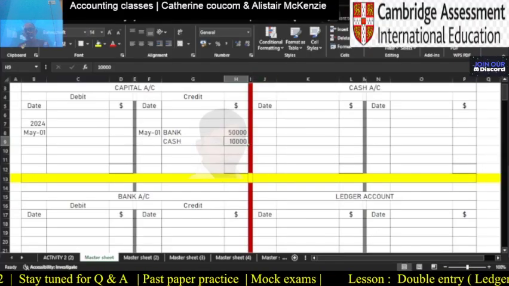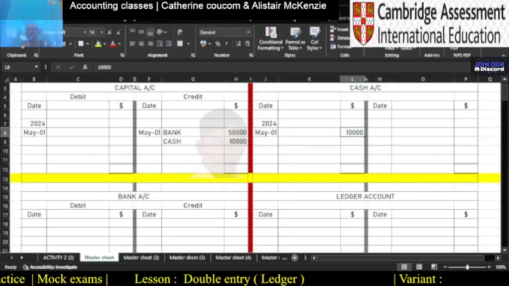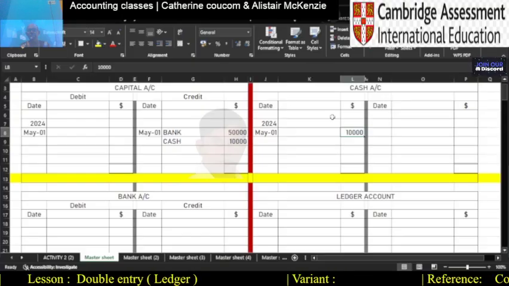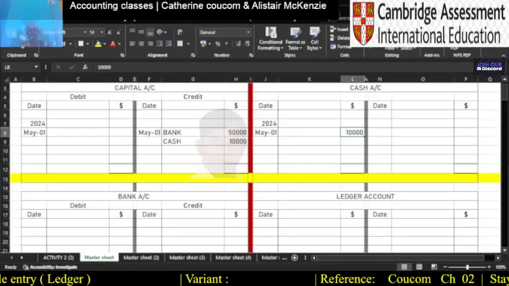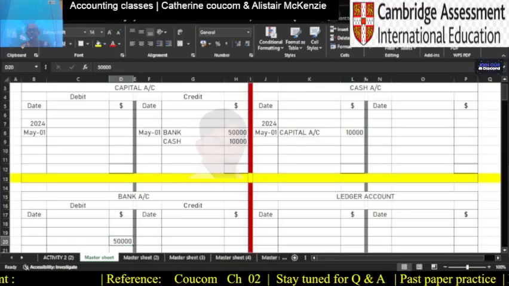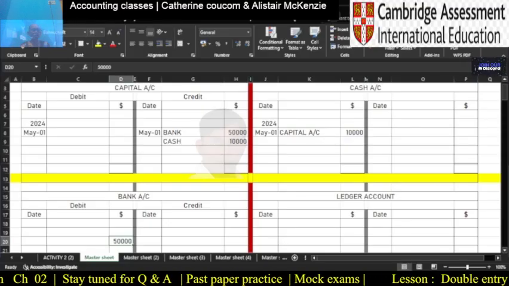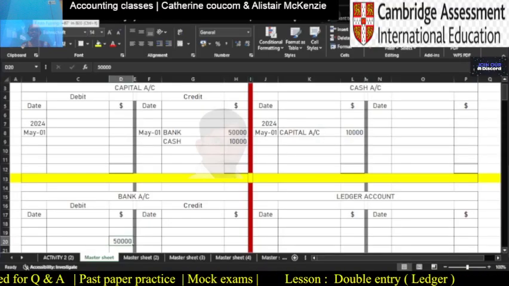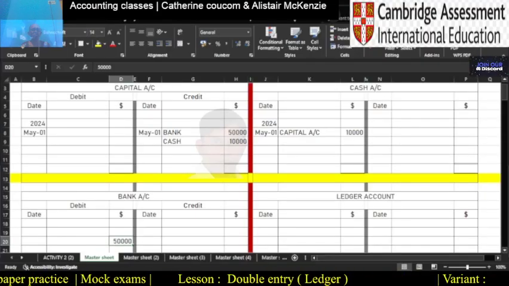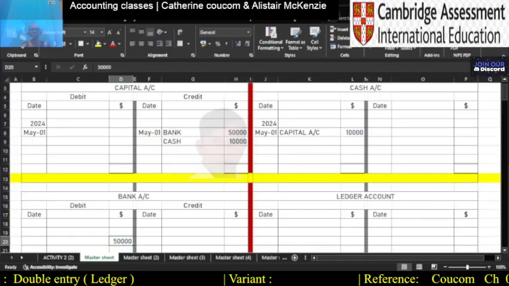To complete the double entry, we write it in the cash book. Cash account has received 10,000. Who has given? Capital has given. Similarly, capital has given to bank account 50,000. Cash account 10,000, bank account 50,000.